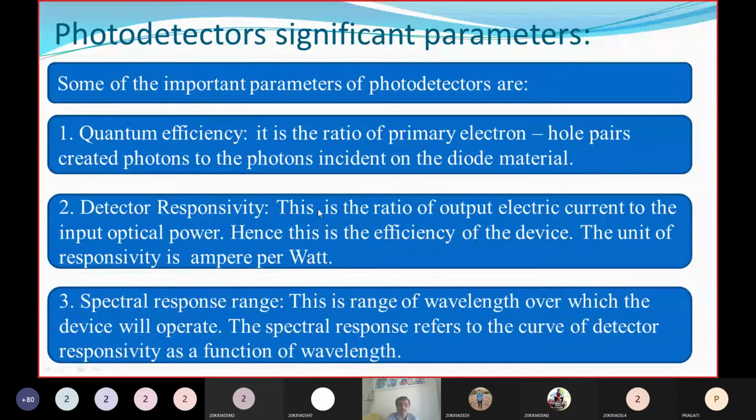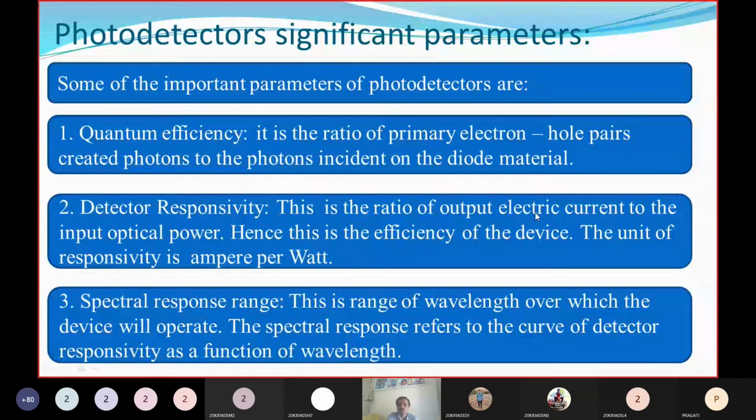Here responsivity means the ratio of current. If a photon is incident on that photodiode, current will be produced due to the charge carriers. So we have to take the ratio of the electrical current produced to the optical power.